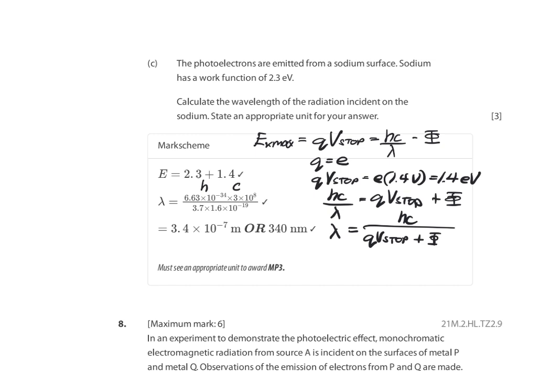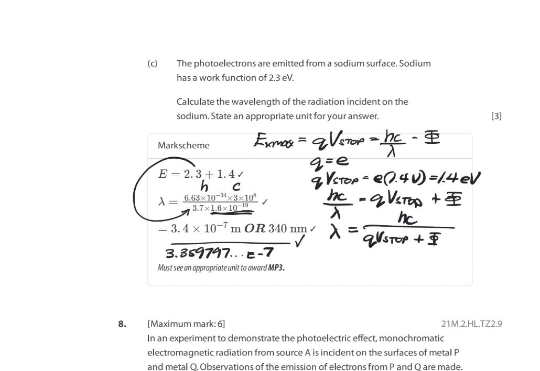So that's where the 3.7 is coming from. But we're going to need a joule to electron volt conversion because h is in joules, not eV. So when you run that all through, you get 3.4 times 10 to the negative 7 meters, or 340 nanometers, which checks out. That's the actual number that you get. When you round it, it's 3.4 times 10 to the negative 7.